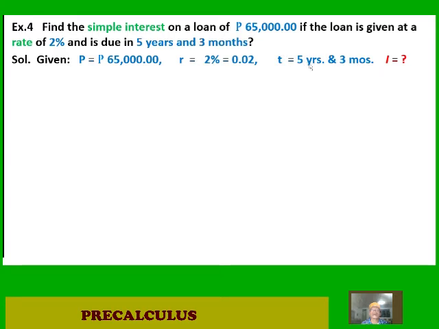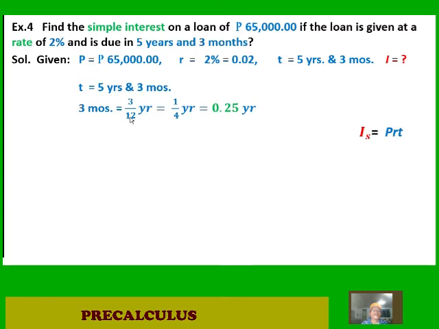We have to convert this 5 years and 3 months into years. Converting 3 months into year, 3 months is 3/12 year. So this is 1/4 or 0.25 years. So the time becomes 5.25 years.